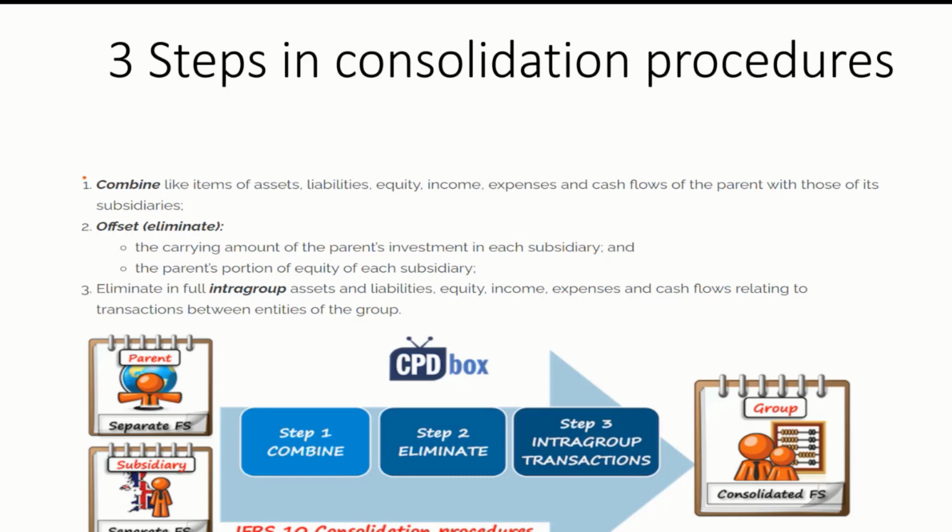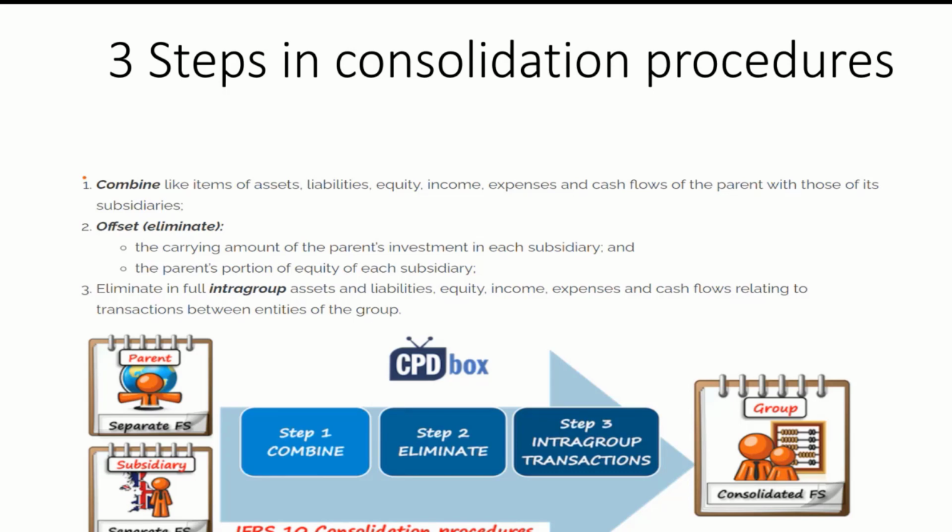Let's look at expenses, for example. When we are a group of companies, one company will record expense payable. The other company will record expense receivable. Or one company will record interest income. The other party will record interest expense.